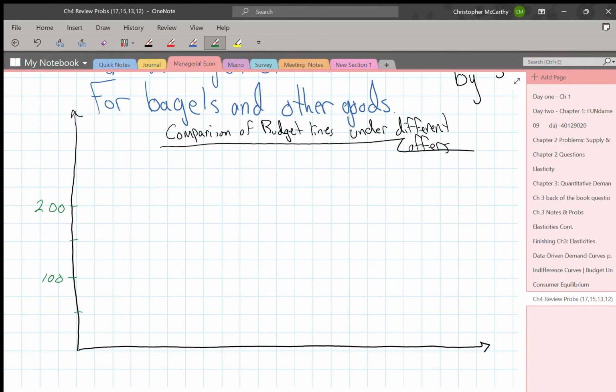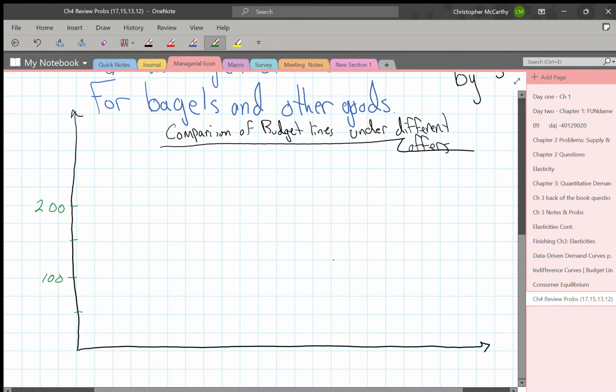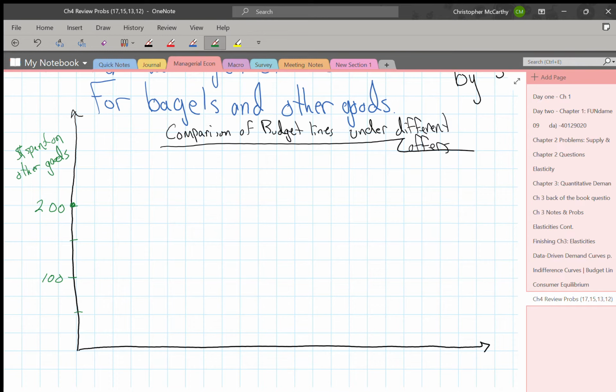So the maximum, well, it doesn't go quite to the maximum here because it's not a clean number, right? 200 divided by 6. This is the dollars spent on other goods over here, so that's why it's our 200 up there. And what's our maximum quantity of bagels in the default scenario?